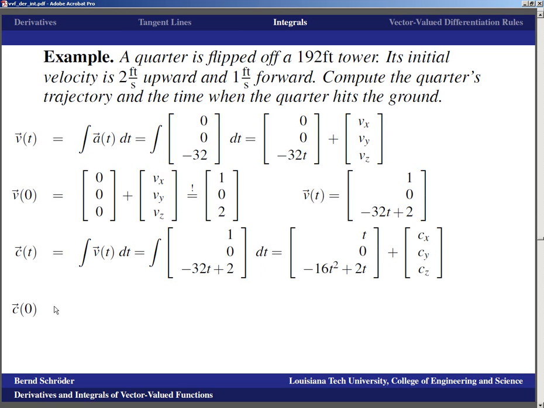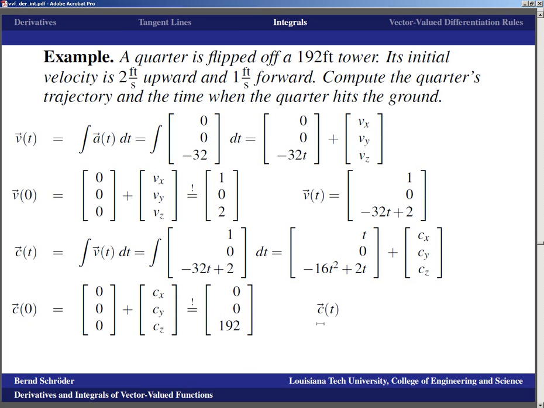And then we take c of 0, and c of 0 is 0, 0, 0 plus cx, cy, cz. And that's supposed to be 0, 0, 192, which means cx is 0, cy is 0, and cz is 192. And our trajectory, therefore, is t, 0, negative 16t squared plus 2t, and then we add the integration constant, which is the 192.